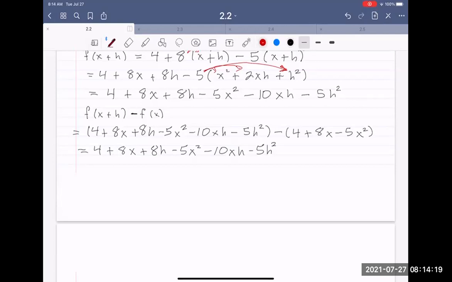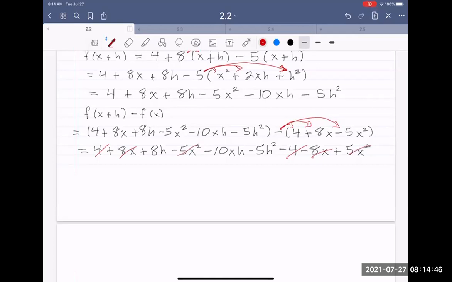Let me distribute the minus sign inside the parentheses: minus 4 minus 8x plus 5x squared. I could do some cancellation. 4 cancels. 8x cancels. 5x squares cancel.